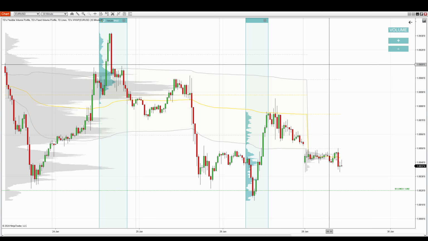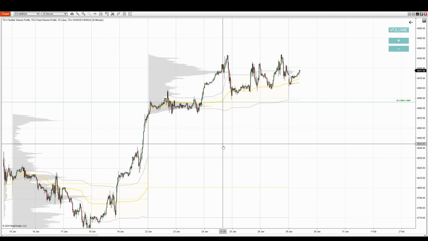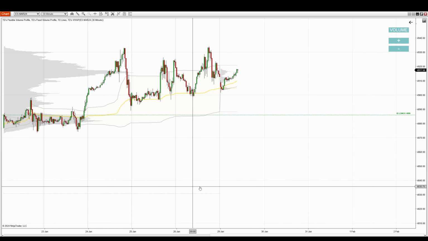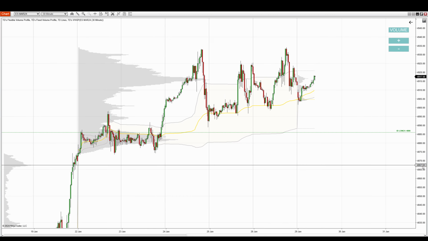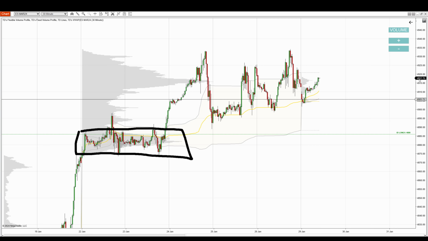Let's move forward and have a look at the ES, which is futures for the Standard & Poor's 500. What I have in here is a volume accumulation setup, one of my favorite volume profile setups, and it goes like this. First you need to see a rotation where heavy volumes were accumulated. Those are the heavy volumes you see on the volume profile.